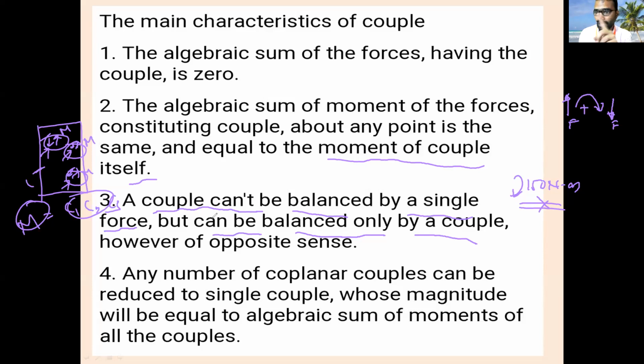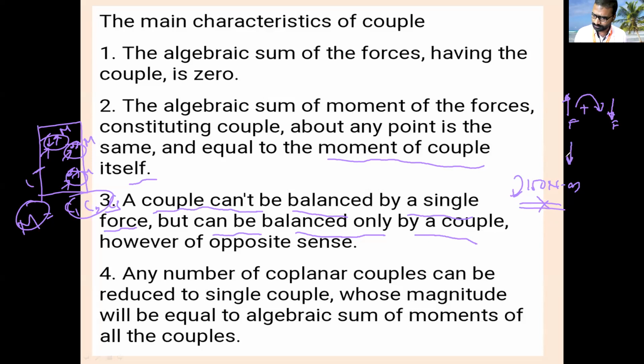It will not be balanced by a single force, but it can be balanced only by a couple, however of opposite sense. So if it is rotating clockwise, I want to make it 0. How to make it 0? If I apply only one force, will it become 0? No sir.